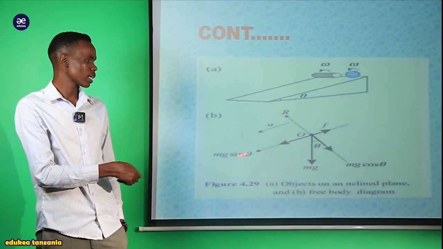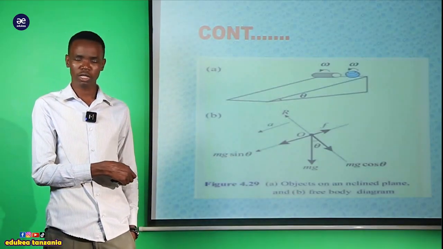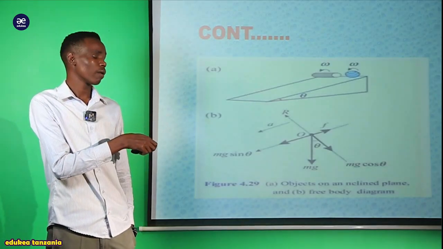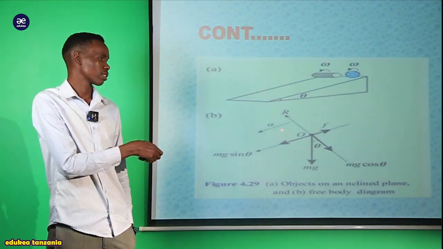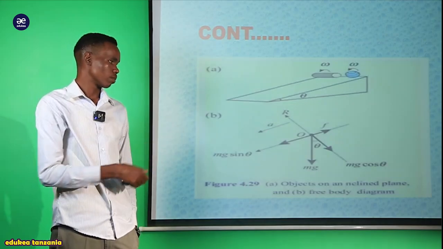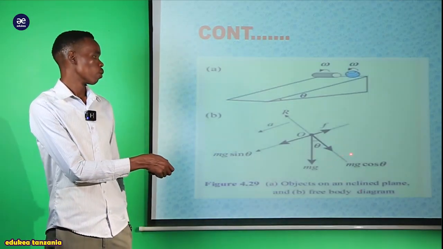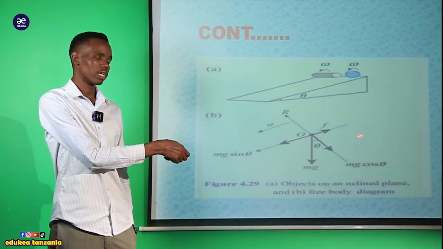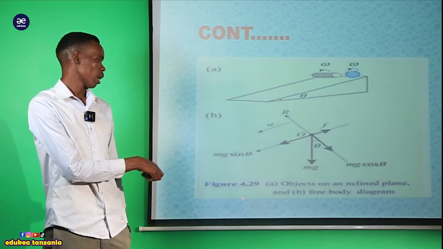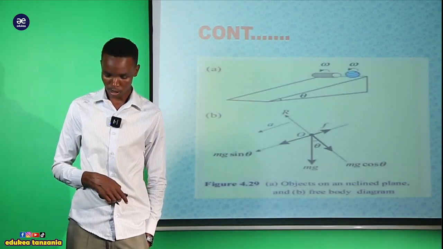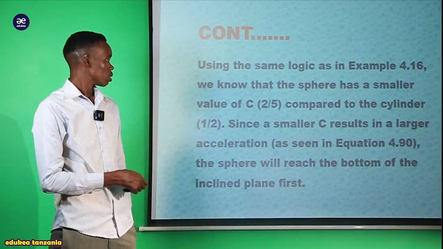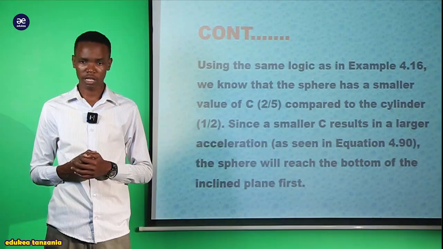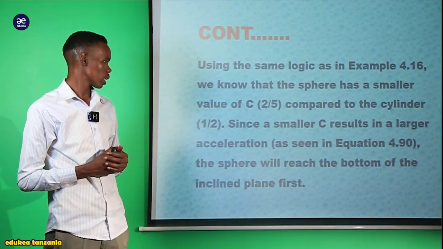The force along the inclined plane must be equal to mg sin theta, considering the linear acceleration a. We resolve this free body diagram and obtain the forces mg cos theta and mg sin theta, using the same logic as in example number 16 for our fourth topic.